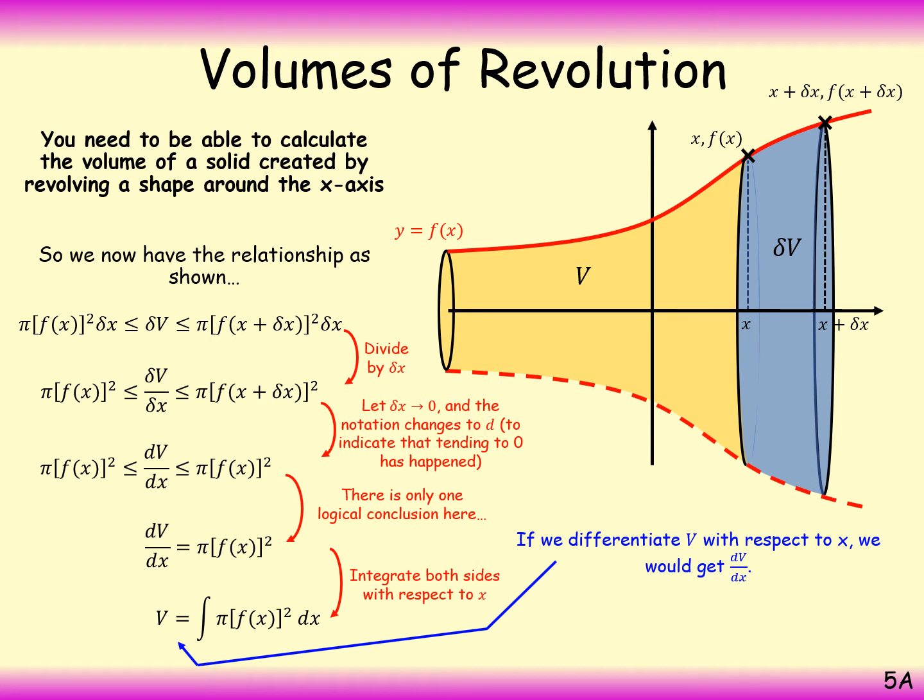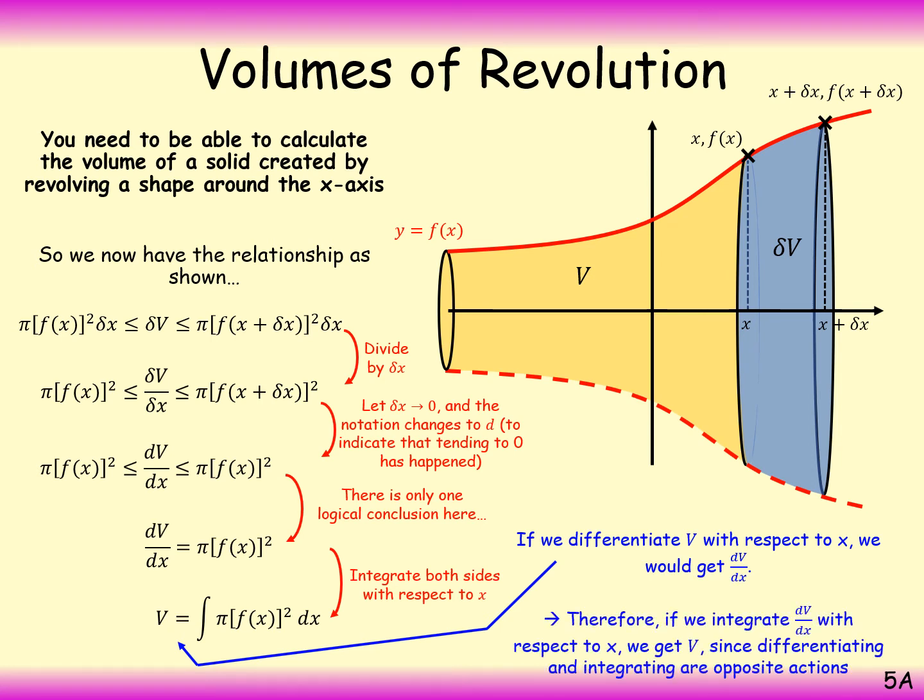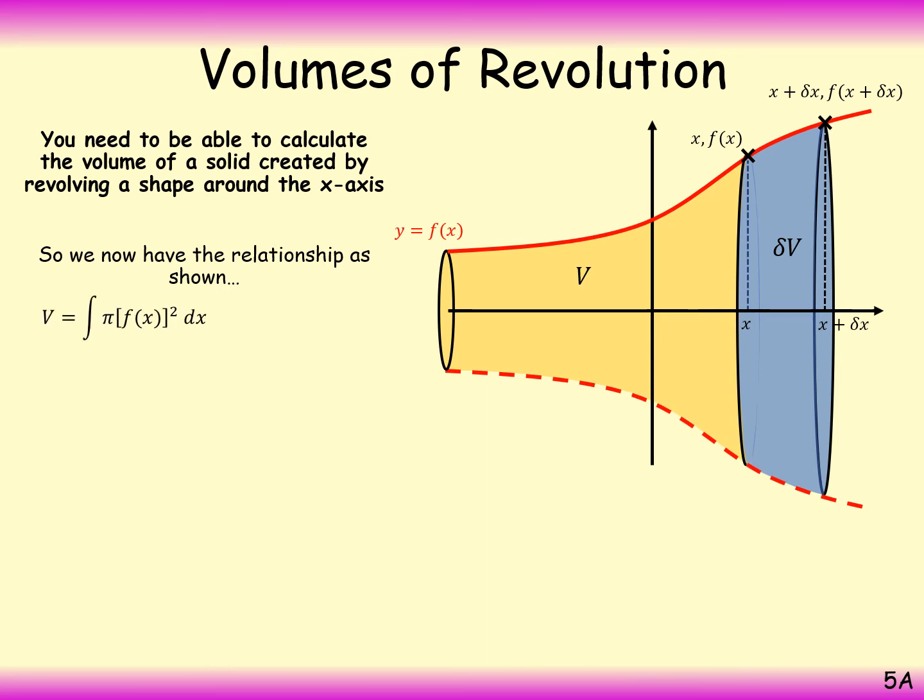So there we have it. If we differentiate V with respect to x, we get dV/dx. So therefore, if we integrate dV/dx with respect to x, we get V. And there we have it. So this is the formula we're going to use to work out volumes of solids.